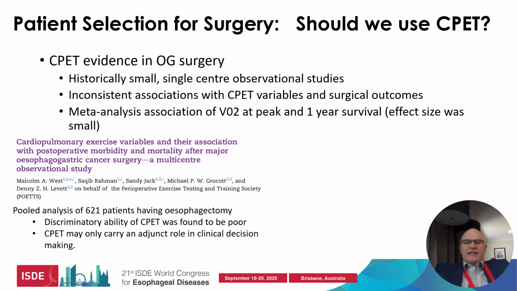The cohorts are very small, and there's inconsistent association with CPET variables and surgical outcomes. In the biggest pooled analysis of 621 patients, the discriminatory ability of CPEX was found to be poor, and the conclusion was it could only really carry an adjunct role in clinical decision making.